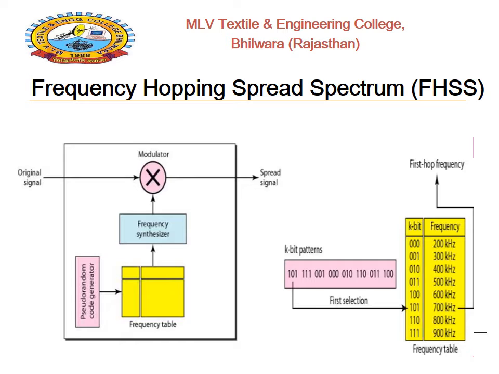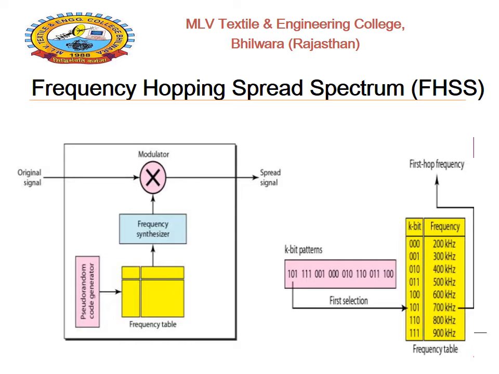As seen in the block diagram given in this PPT, the original or input signal is given to the modulator. The modulator here is known as the spreader. The spreader is used to spread the bandwidth of the input signal. Downward, another part connected to the modulator is the frequency synthesizer. The frequency synthesizer provides a particular frequency according to the pseudo noise sequence generator.